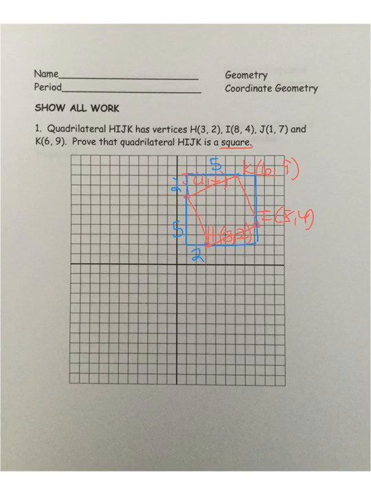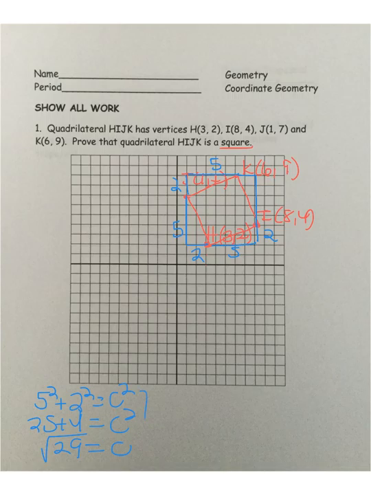Okay, so each of these triangles have lengths of 2 and 5 for their legs. So I only need to show that once in the Pythagorean theorem substitution. So 5 square plus 2 square is equal to c square. So the square root of 29 is equal to c.